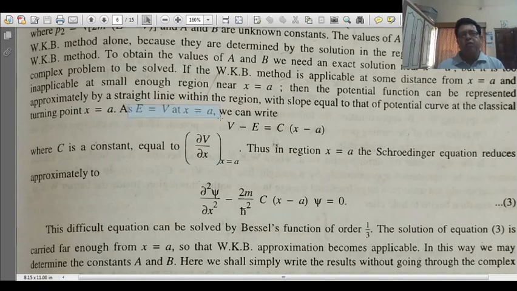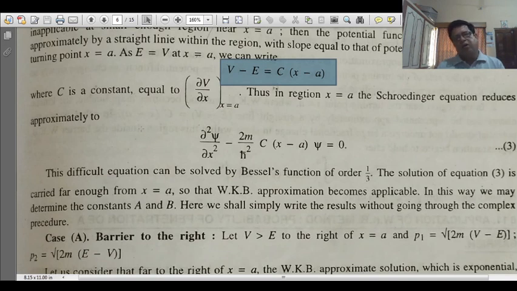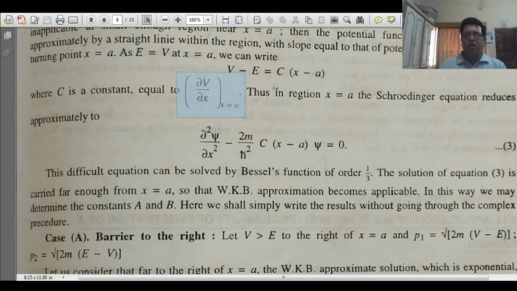As E equals V at x equal to a, V minus E equal to C(x minus a), where C is a constant equal to delta V upon delta x at x equal to a.